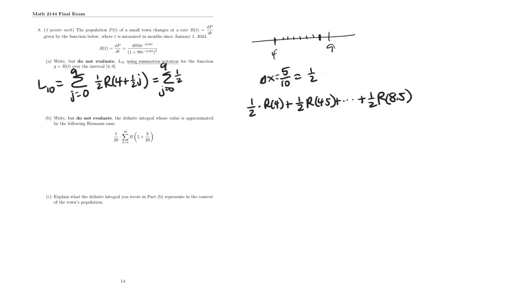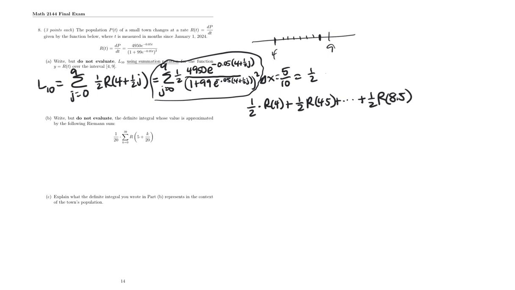So that's 4,950 e to the negative 0.05, and then I'm plugging in the x value 4 plus 1/2 j, over 1 plus 99 e to the negative 0.05 times 4 plus 1/2 j, and then all of that is squared. So that's my answer right there.